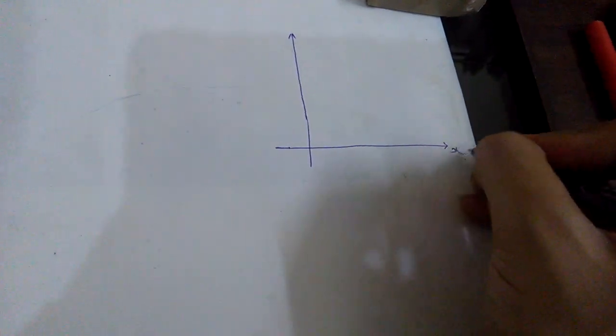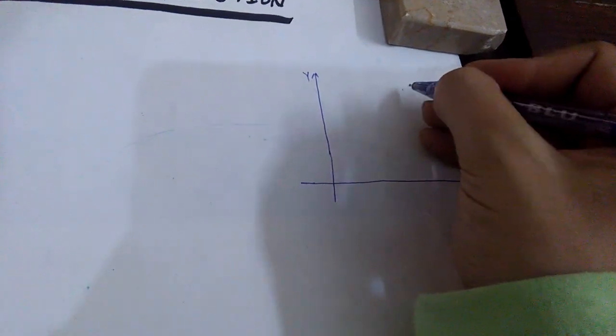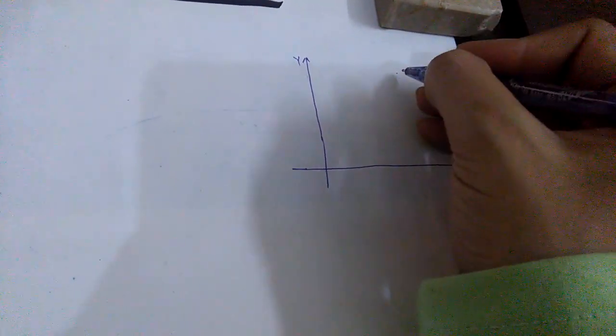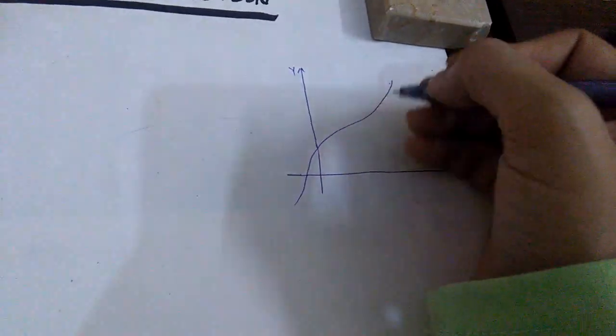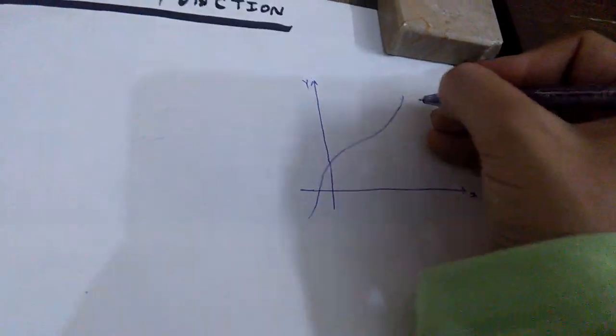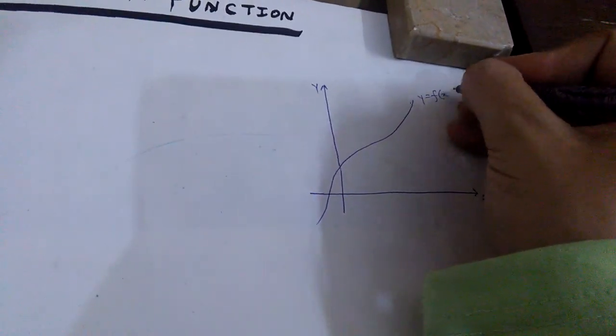Okay, for instance, I'm having a certain function, and when I try to sketch its graph, it comes out something like this, perhaps. It could be a straight line, it could be any curve. So I just pick up a rough curve. So this is the y equals f of x graph.